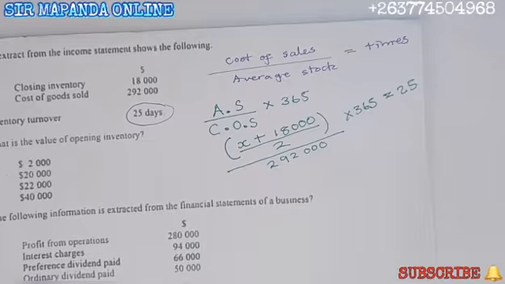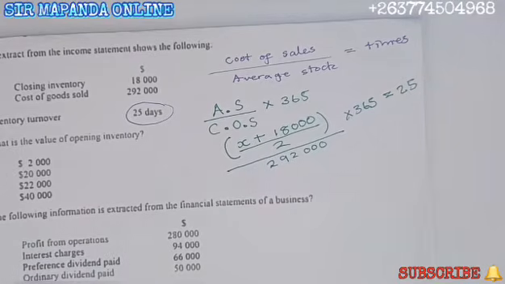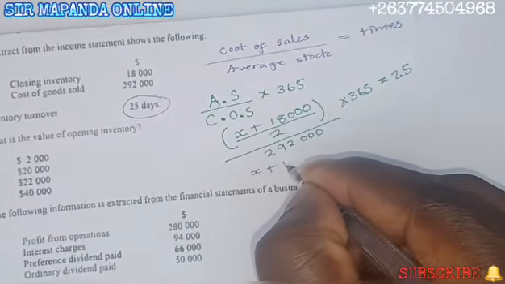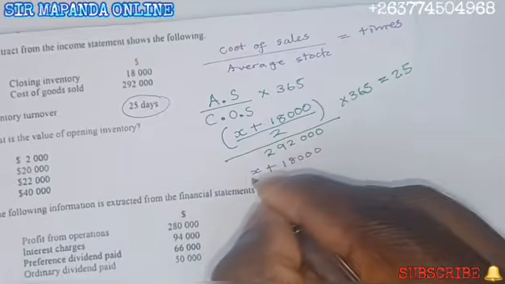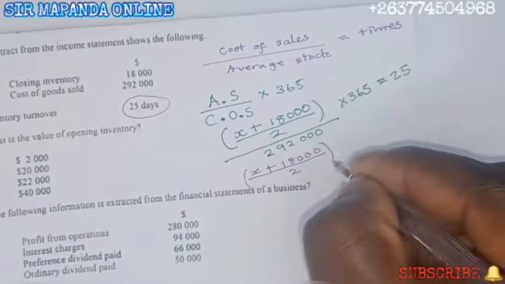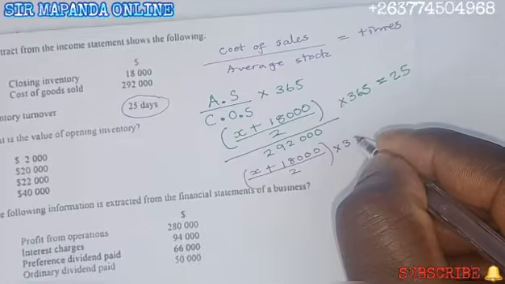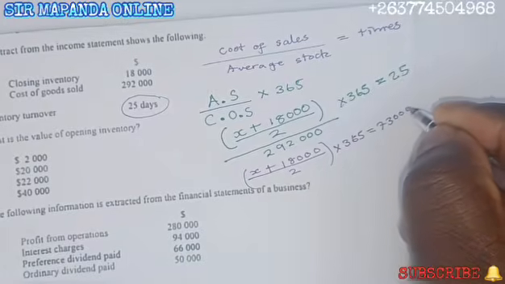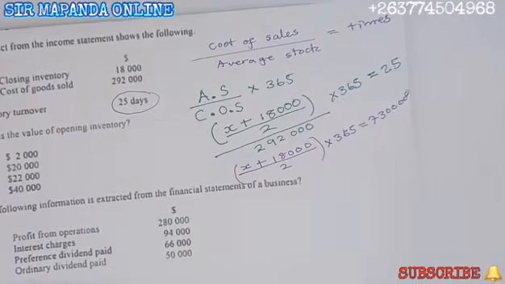So we want to solve this equation to find X. Let me start by cross multiplying both sides with 292,000. So 25 times 292,000, you get 7,300,000. So I'm going to say (X plus 18,000) over 2 times 365 is equal to 7.3 million.